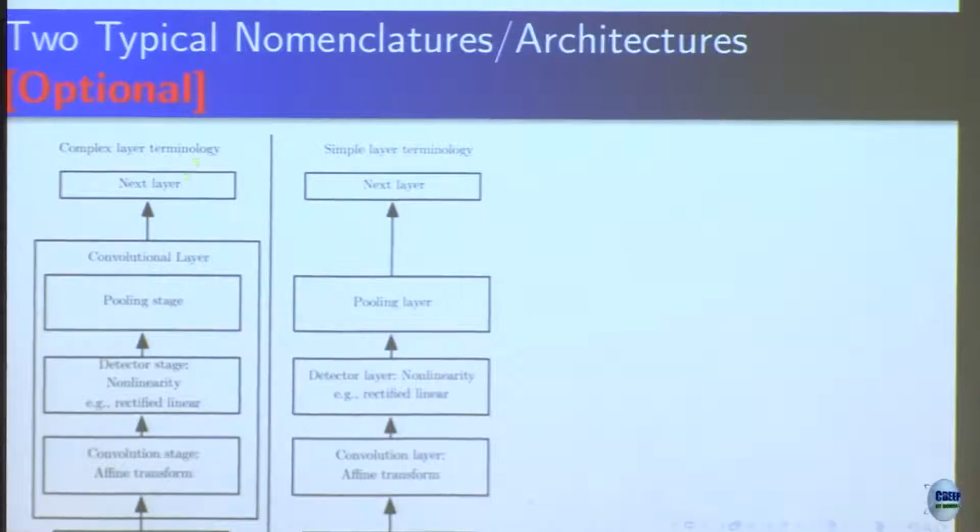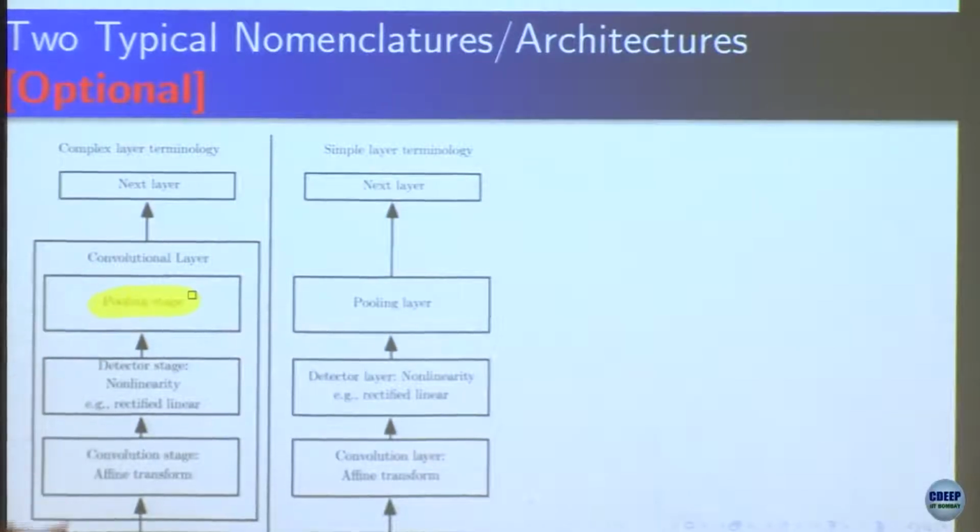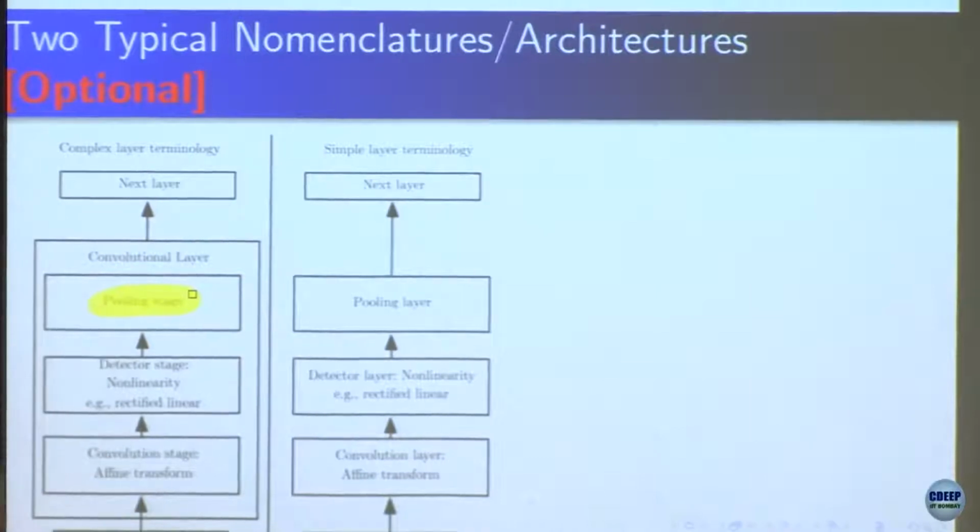So this pooling I am talking about is often thought of as part of the convolution itself. That is the complex layer terminology. Often people think of this as one convolution block, but some other papers say no, convolution is only this, pooling is separate from that. So mind the language of the paper, so understand what constitutes convolution, is pooling part of convolution or not.